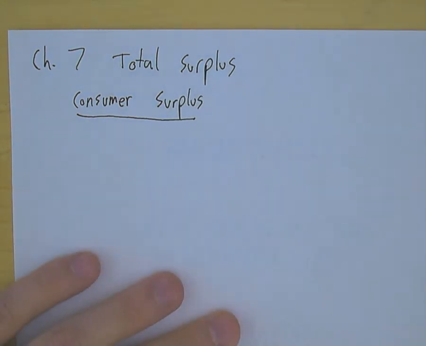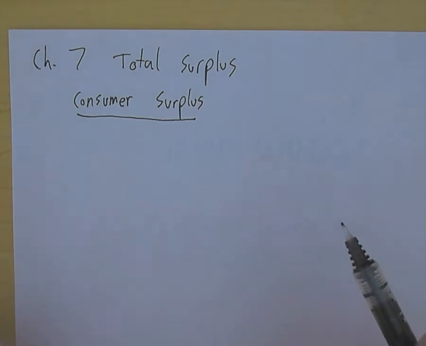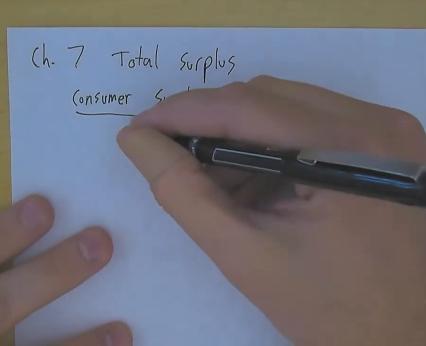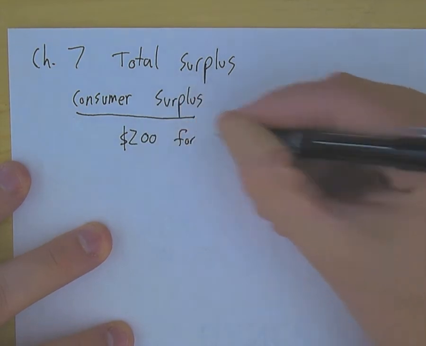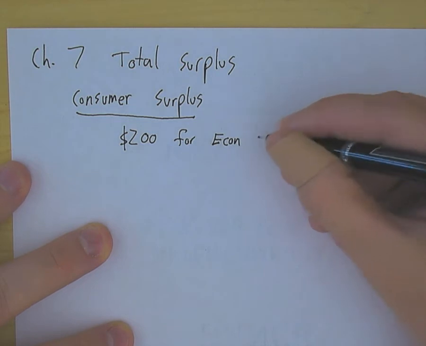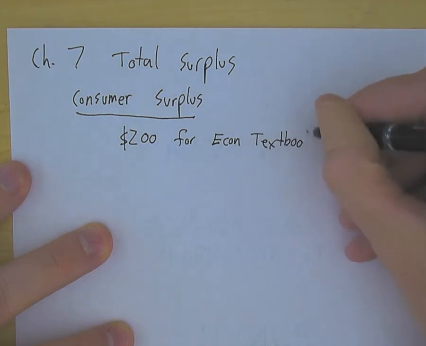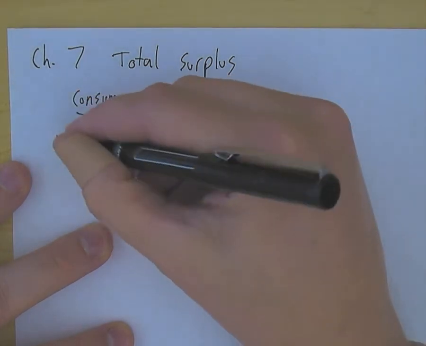This is the benefit a consumer gets from buying a good or a service. And it's found by the value a person places in a good minus the price they pay. So for example, let's say you value your textbook at $200 because you love economics. That $200 is the value you place on it.